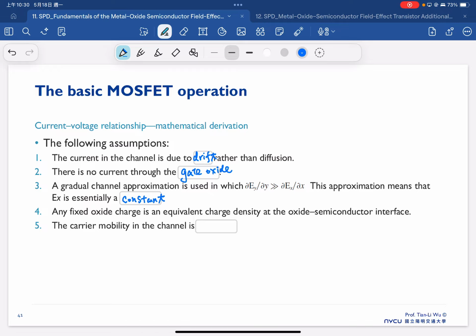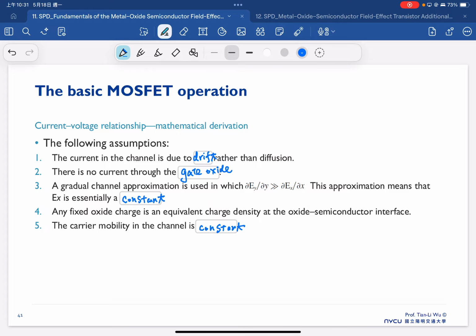Any fixed oxide charge is an equilibrium charge density at the oxide-semiconductor interface, and the carrier mobility in the channel is also considered a constant. So these are the assumptions that we need later to derive this current IDS-VDS equation.